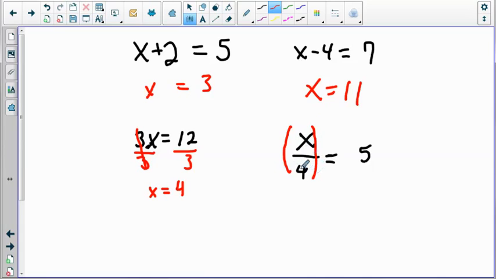In order to get rid of a fraction, you multiply by the denominator, so that would be 4. 4 times x over 4, those 4s cancel out, and you just end up with x. Then we do the same thing over here. 5 times 4, it doesn't matter in what order you multiply, is 20. So x should equal 20. Let's check it. 20 divided by 4 equals 5. There you go. So these all have a letter, a variable, but it's always on one side of the equation.